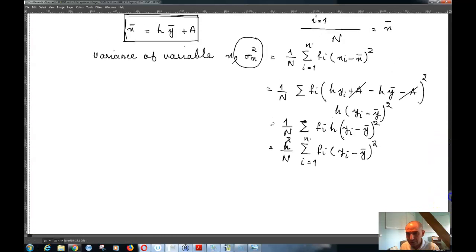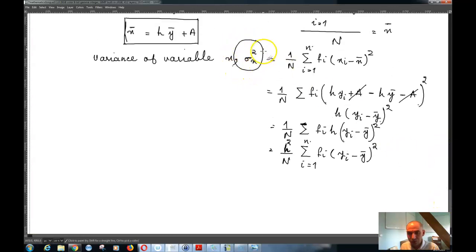Now this is exactly so over here when we wanted to define the variance of the variable x, we said 1 over n sigma of f of I times x of I minus x bar whole squared as I goes from 1 to n. Over here, this part is sigma f of I, y of I minus y bar, here is x of I minus x bar whole squared as I goes from 1 to n.